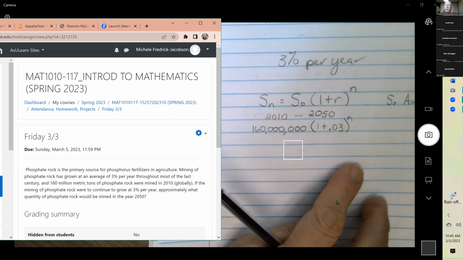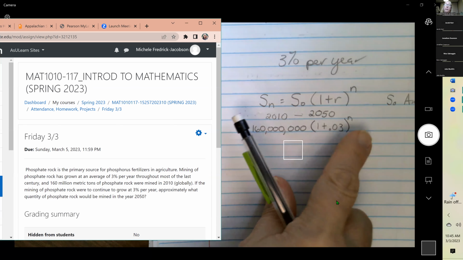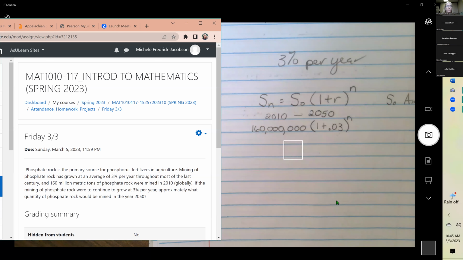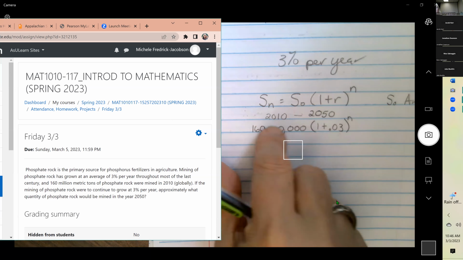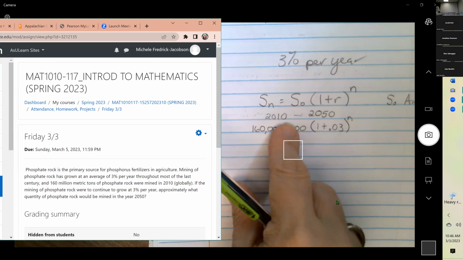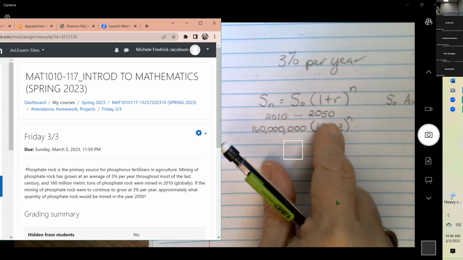If N is the number of years, because it's 3% per year, from 2010 to 2050, how many years is that? 40. It would be 40 years. Because if we're going from 10 to 10 and we add 40 years, it would be 50.